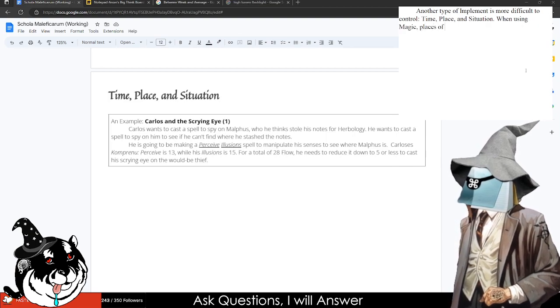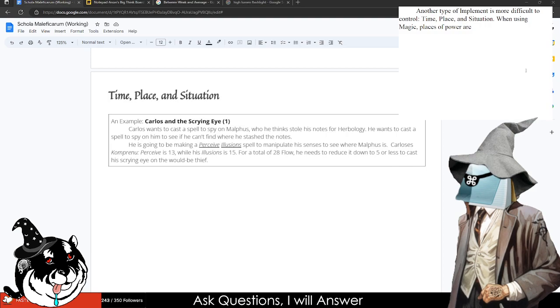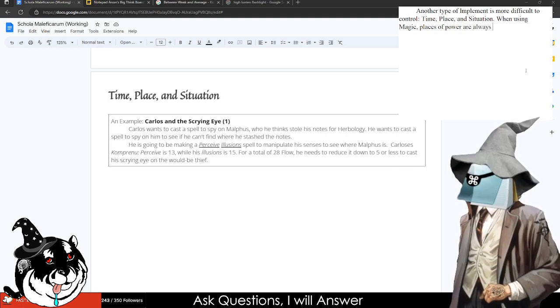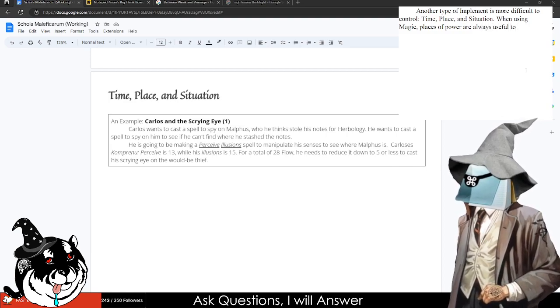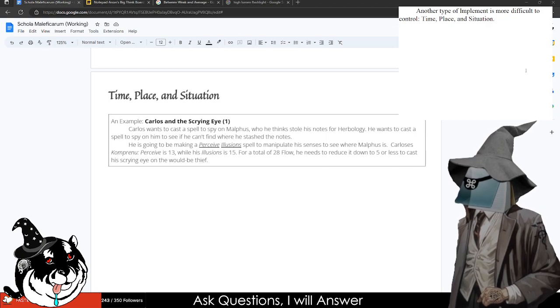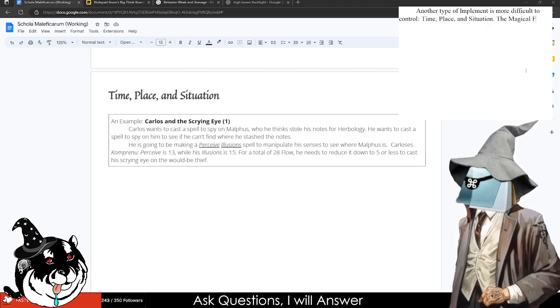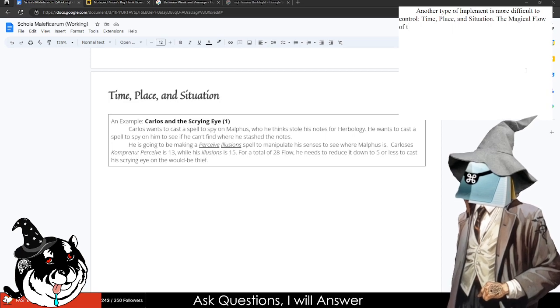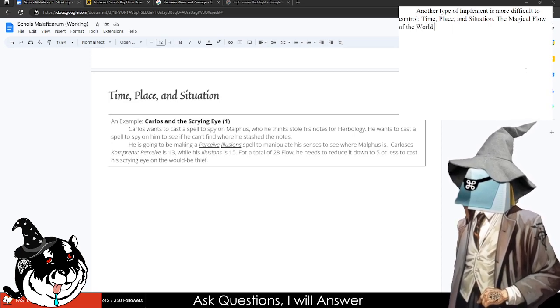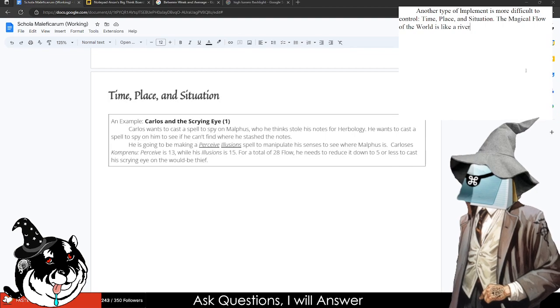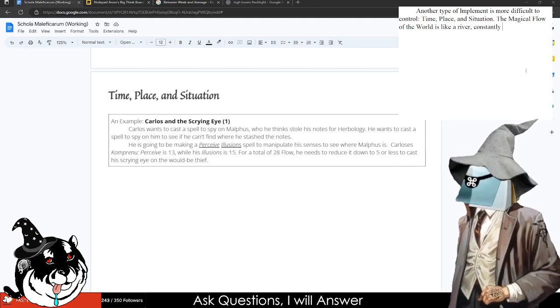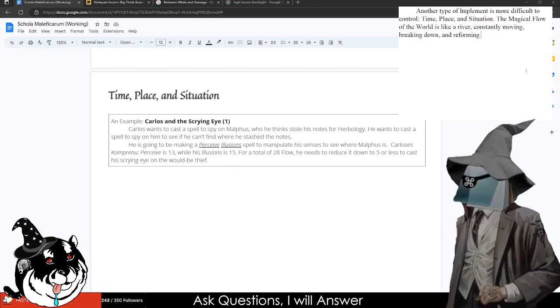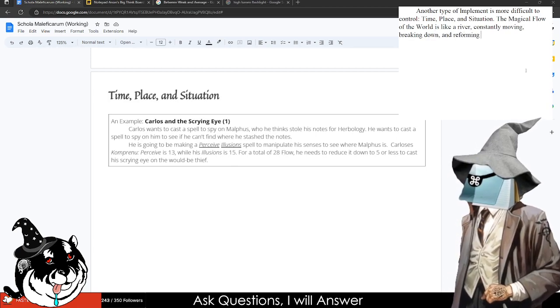When using magic, places of power are always useful. The magical flow of the world is like a river, constantly moving, breaking down, and reforming.